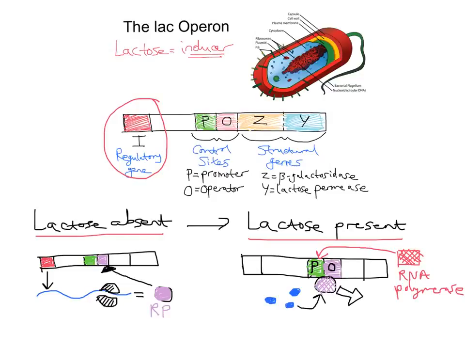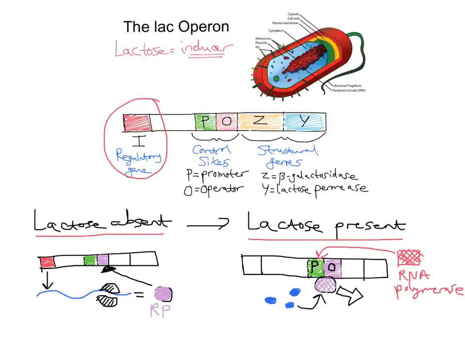We get transcription of genes Z and Y, so I could draw out messenger RNA of both the beta-galactosidase and lactose permease genes. They get translated at ribosomes, and we produce these particular enzymes. And now the bacteria is able to break down lactose and use it as a respiratory substrate.